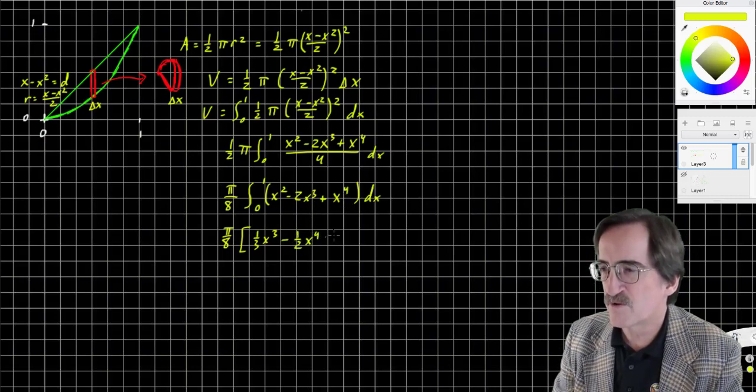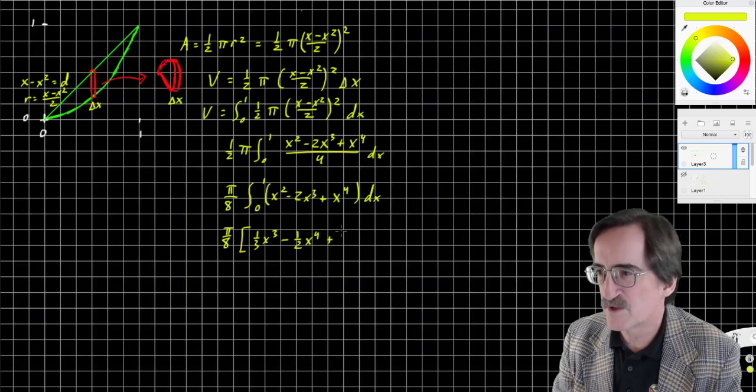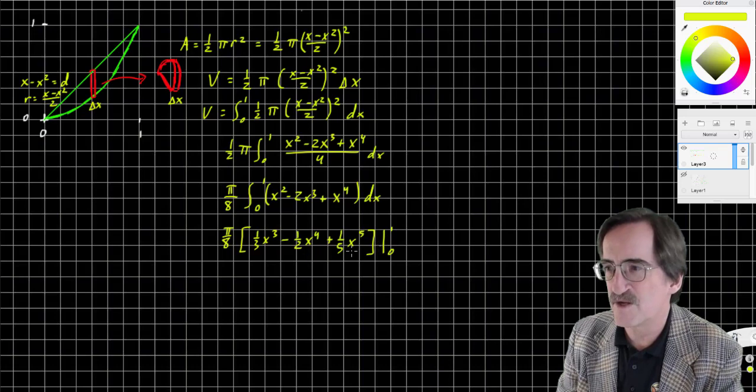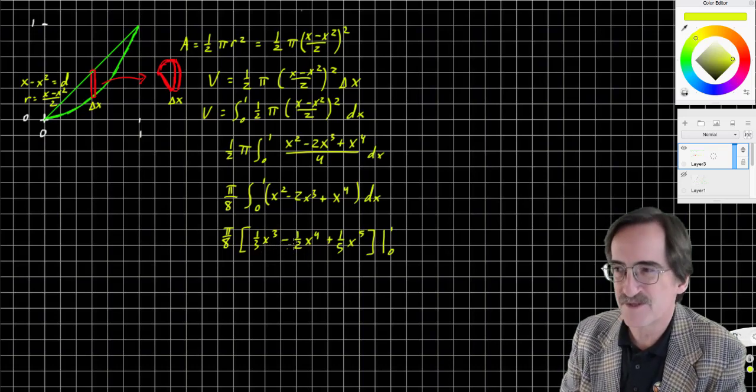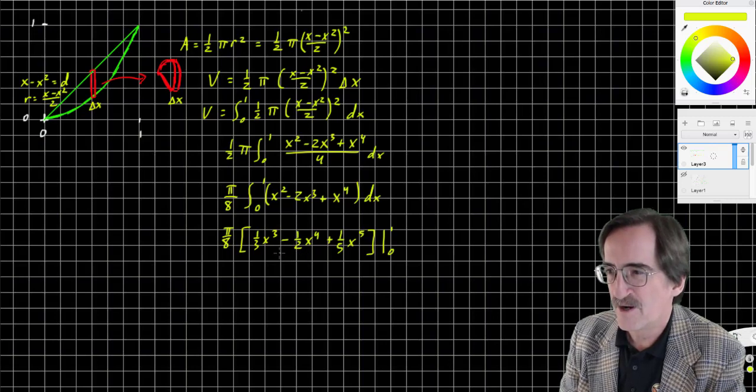The integral of x to the 4th is 1/5 x to the 5th, so plus 1/5 x to the 5th, from 0 to 1. And this is kind of convenient because any power of 1 is 1, unless it's to the 0. Any power, even 0, is 1.